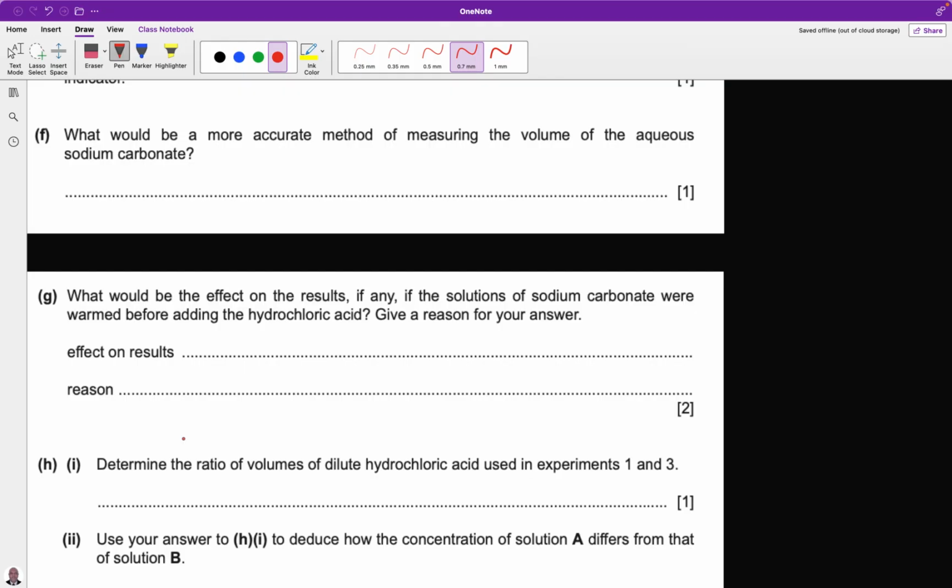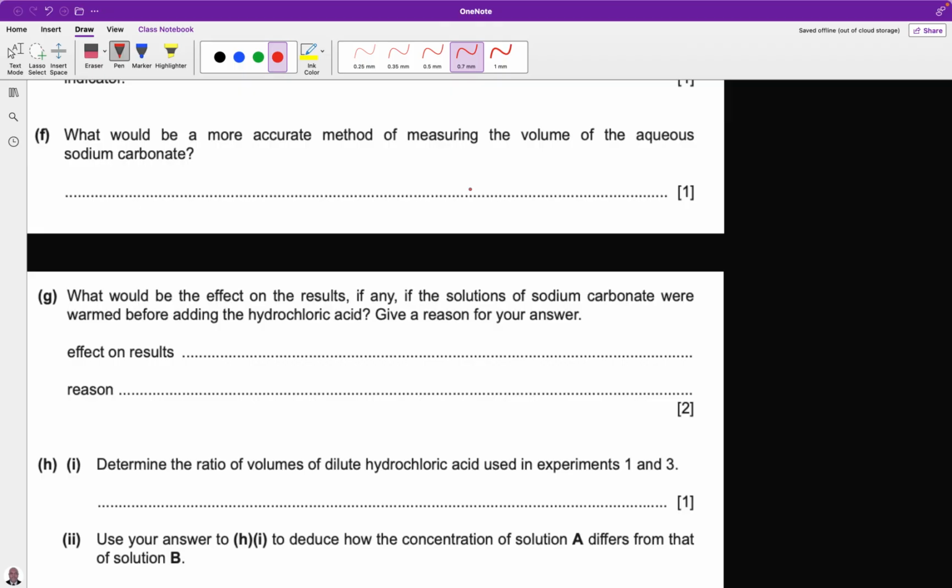We were using a measuring cylinder, but for accurate measurement, what was recommended in our previous video was a pipette and a burette.